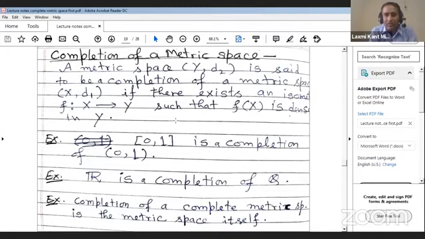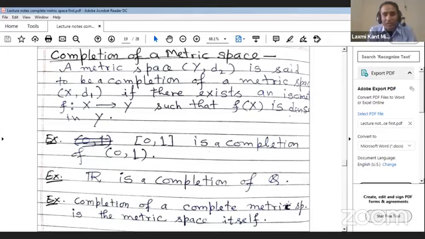Dense means that a subset of a metric space is dense if its closure is the whole of X. Now we have examples: the closed interval [0,1] is a completion of the open interval (0,1), and R is a completion of the set of rational numbers Q. And what is the completion of a complete metric space?